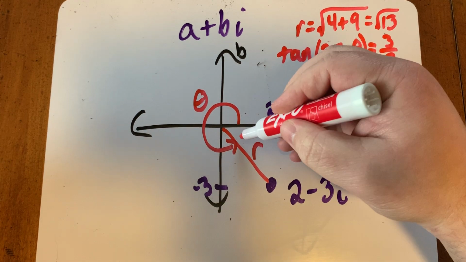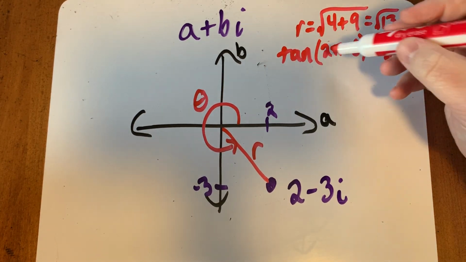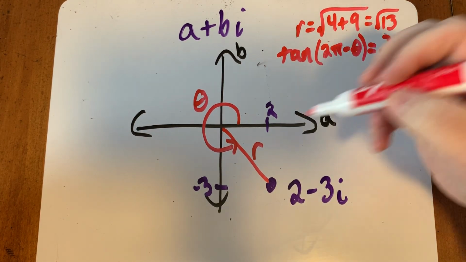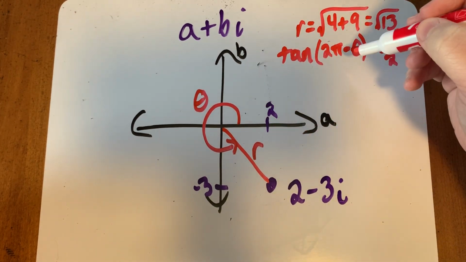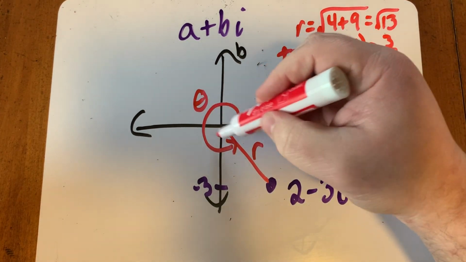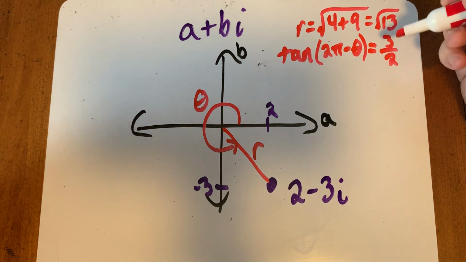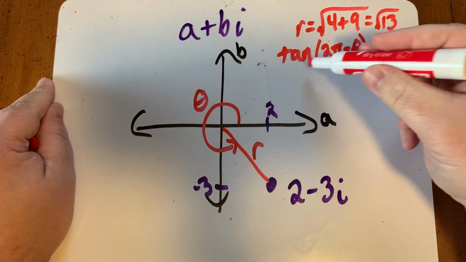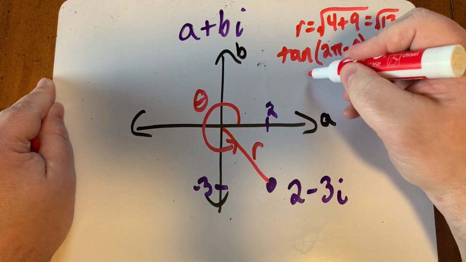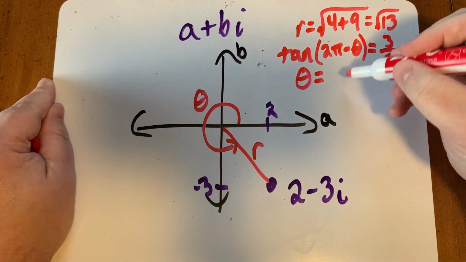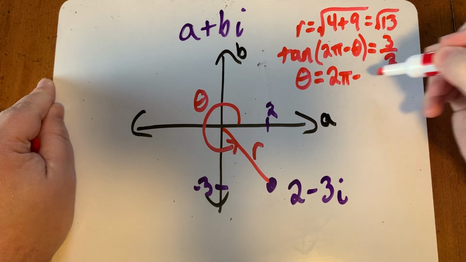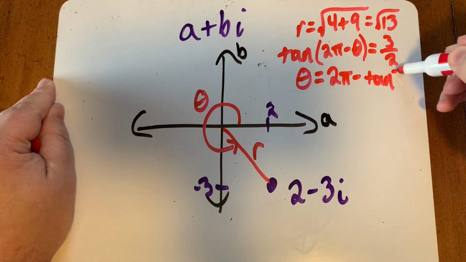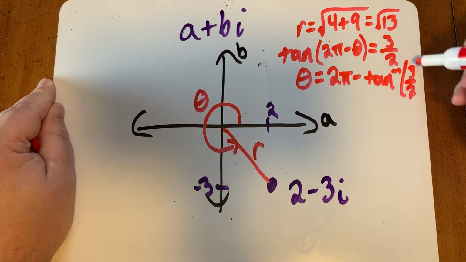All right, because 3 over 2 would give you this reference angle, and then 2 pi minus theta would give us that reference angle. So theta equals 2 pi minus tangent inverse of 3/2.